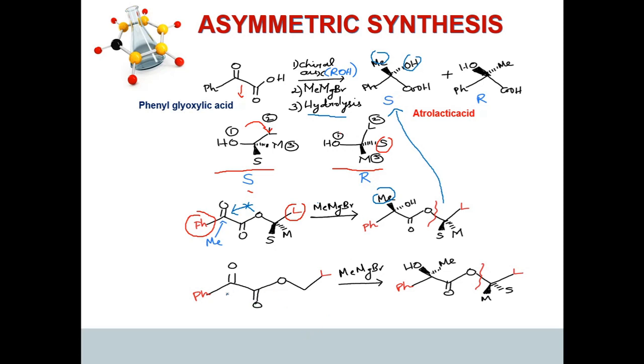On the other hand, when I perform the reaction with the R isomer, I prepare the ester using my R isomer, where I have my medium size group pointing towards me and my small group moving away from me.